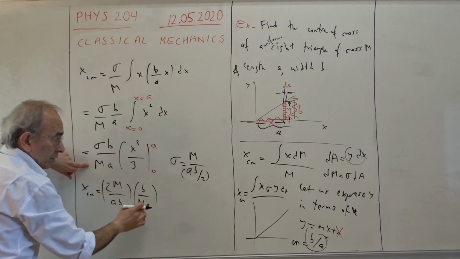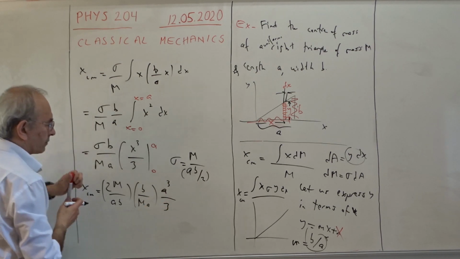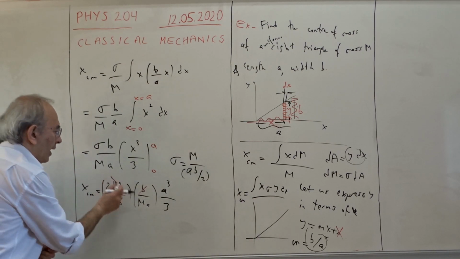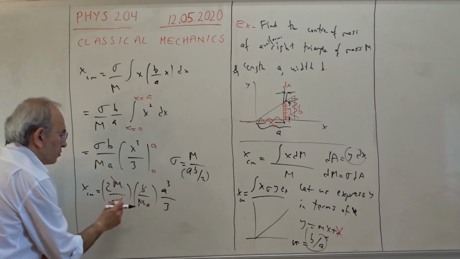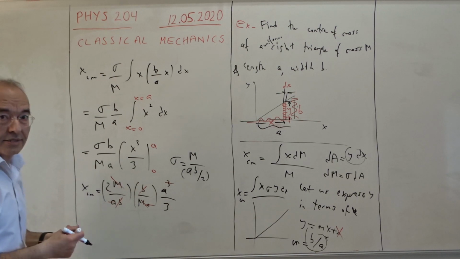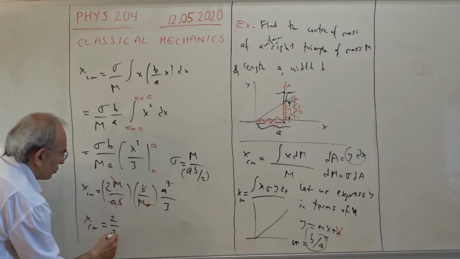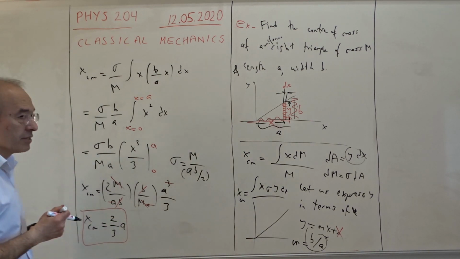And for this integral part, we had a cubed over 3. So there are some cancellations. b's cancel, M's cancel. These two a's cancel, two of them. So we have 2/3 a as expected. Again, x center of mass is 2/3 a. So it doesn't depend on b.